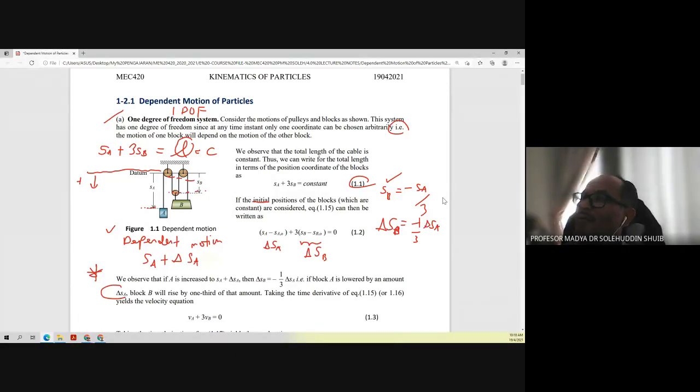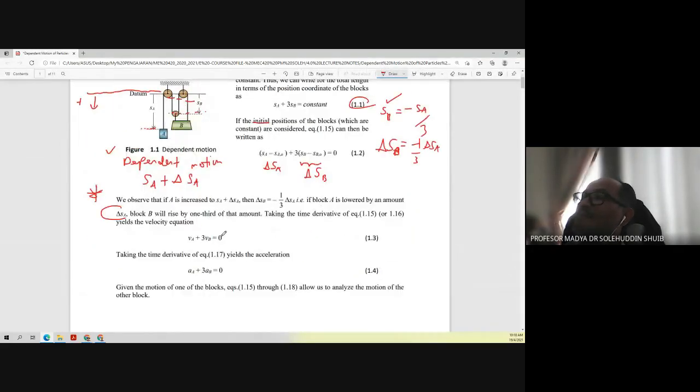Once we have S, we can proceed to take the time derivative to find the velocity, and then we can find acceleration.